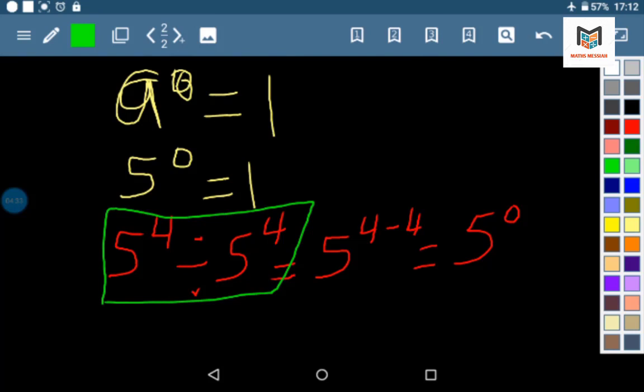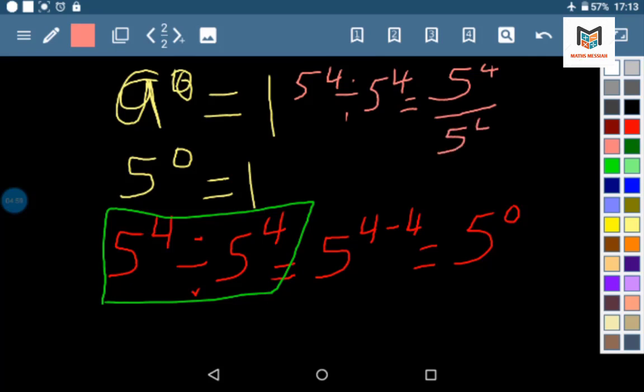If that be the case, then it means that 5 raised to the power 4 divided by 5 raised to the power 4 can be written in this form.